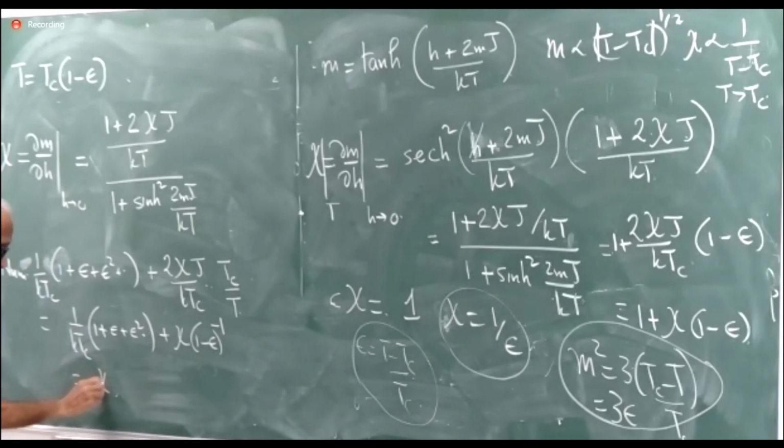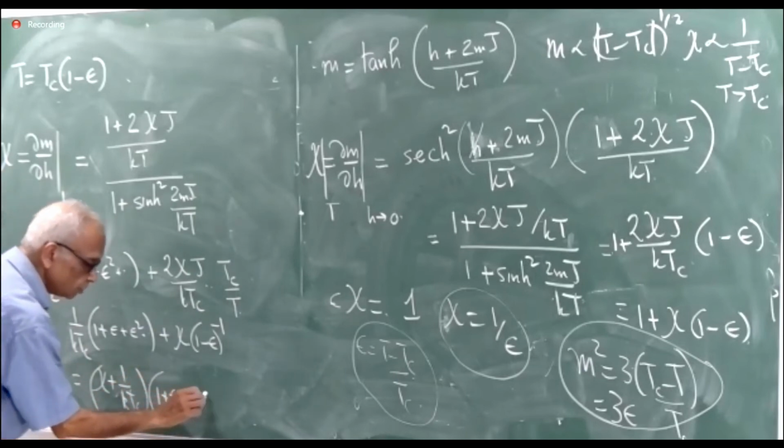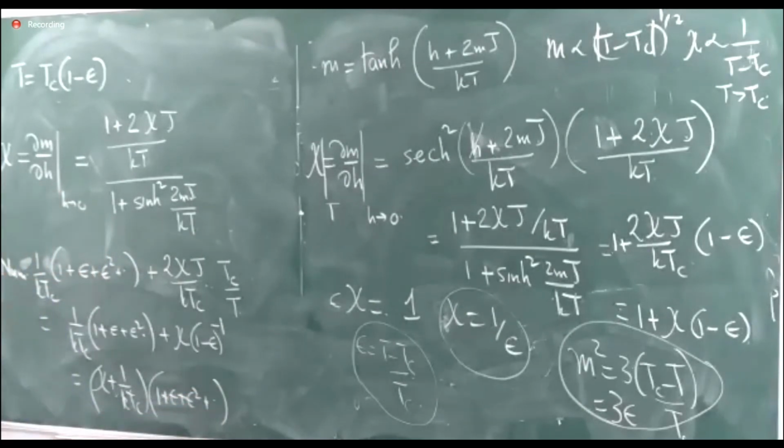So it is chi plus 1 over kTc, that into 1 plus epsilon square, and so on. So I've got the numerator hopefully correctly.